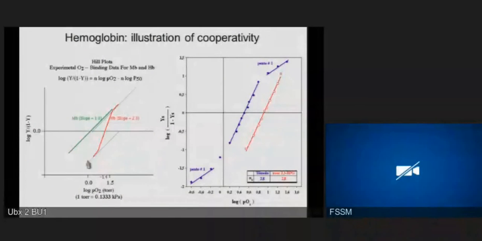But in the case of hemoglobin, you start at 1, and soon you get a slope of 2.8. So this is a sort of phenomenon of cooperativity. So you are no longer at 1, but you are recruiting other sites. And then at the end, when you are saturating, you go back to 1. So you have a cooperativity phenomenon.